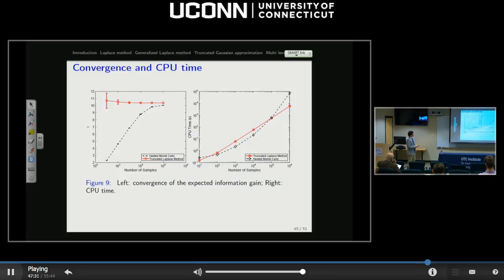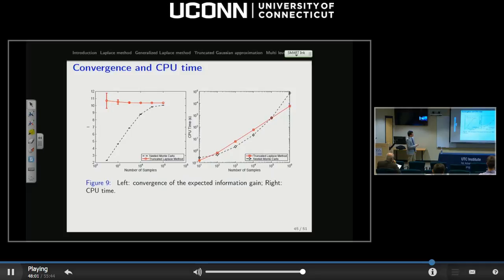And if you compare the CPU time, you only need to run the computation for less than a second to run 100 samples for the truncated Gaussian, but you need around 10 to the power 5 seconds to run 1 million samples for the nested Monte Carlo.